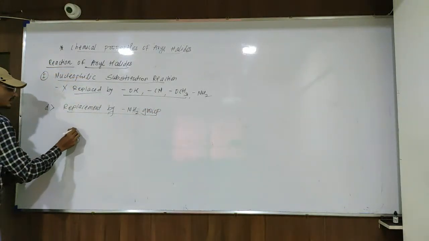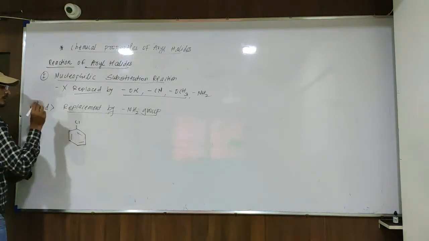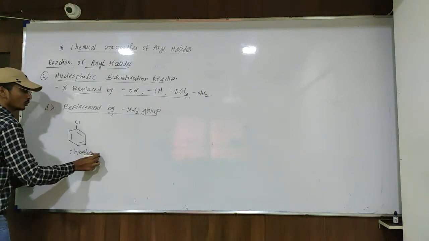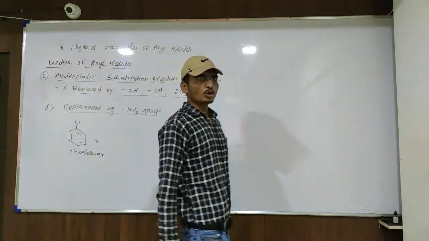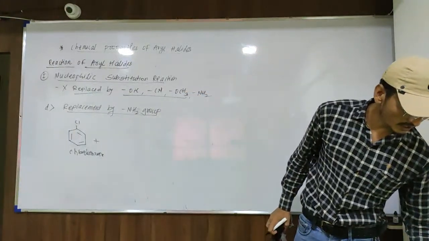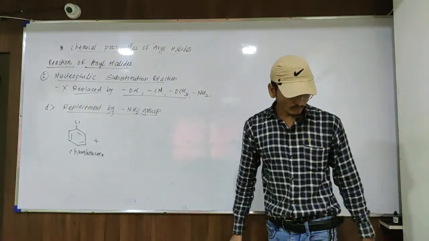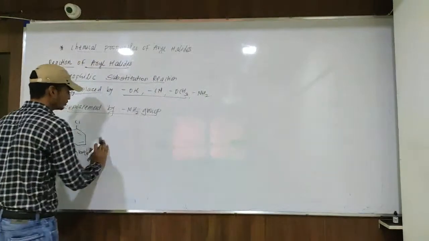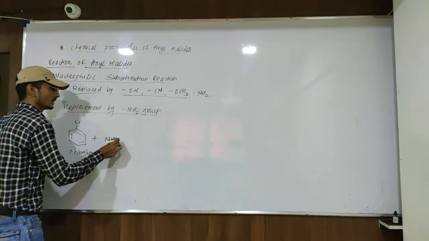So again here I take chlorobenzene. बघा हा chlorobenzene. परत आपण सगळ्या ठिकाणी chlorobenzene घेतोय न्यूक्लियोफिलिक सबस्टिट्यूशन रिएक्शन मध्ये. So chlorobenzene reacts with ammonia in the presence of Cu2O.